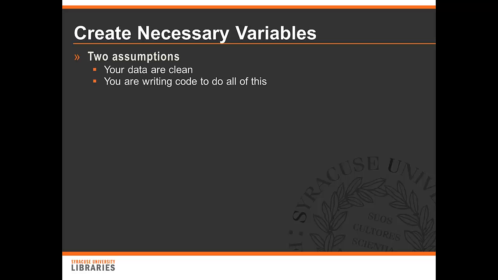The first is that your data have already been cleaned, and the second is that you're writing code to do all of this. So, assuming that these assumptions have been met, the first thing to do is to create any ID variables you need. This might be concatenating two or more other variables already present in the data, or creating the kind of ID that simply numbers the records.